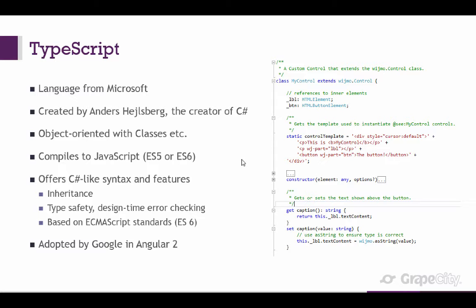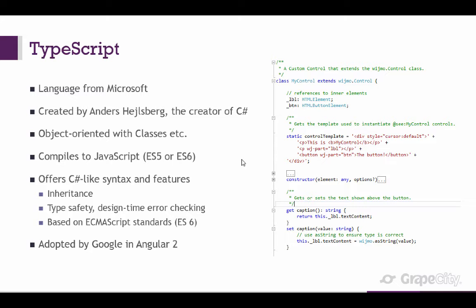So TypeScript is kind of lined up with where the future of JavaScript is going to be. So it looks at ECMAScript standards, and it's kind of implementing them and lets you use them before they're ready or before they're in every browser. And you're able to compile to either ECMAScript 5, which is what we do today, or target ECMAScript 6, which is something that's kind of just emerging in modern browsers.